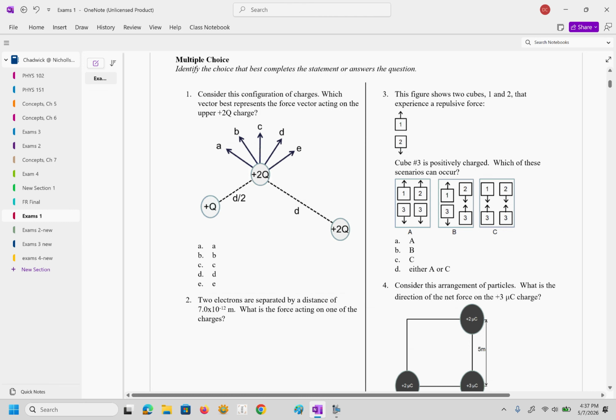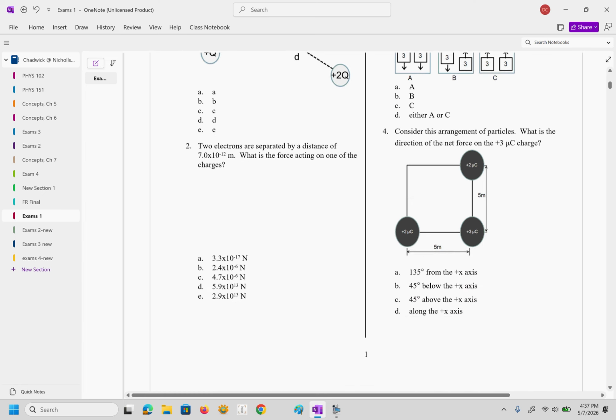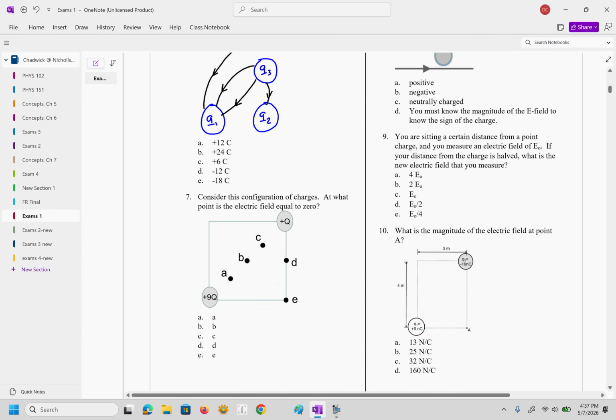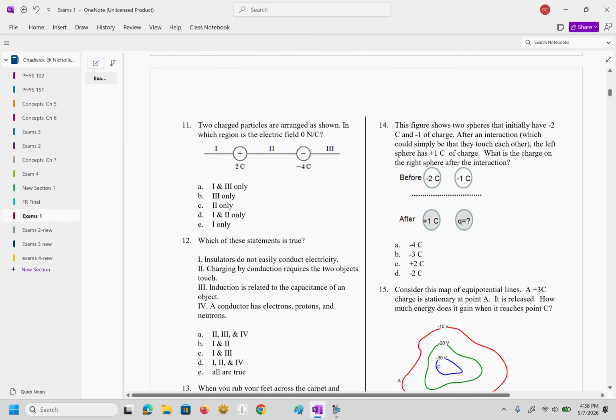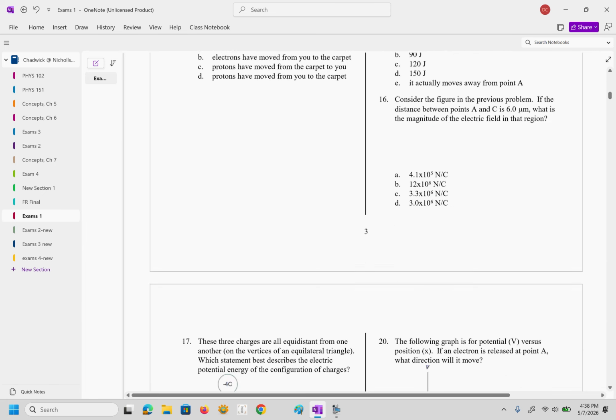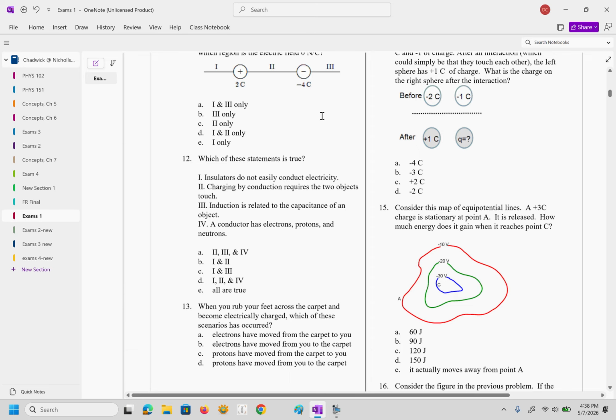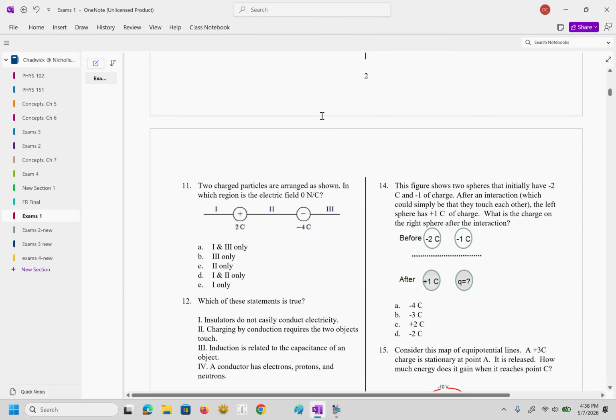There are some variations of that too, where these are qualitative or conceptual questions. Likewise, where is there another one? Like number 7 or number 11. There are questions there about the electric field and electric force, but in a conceptual way.